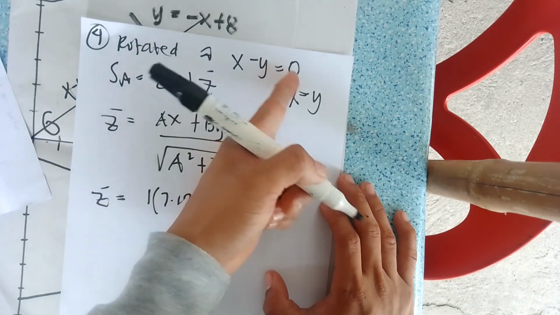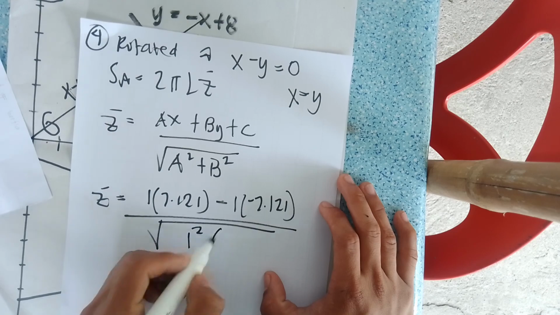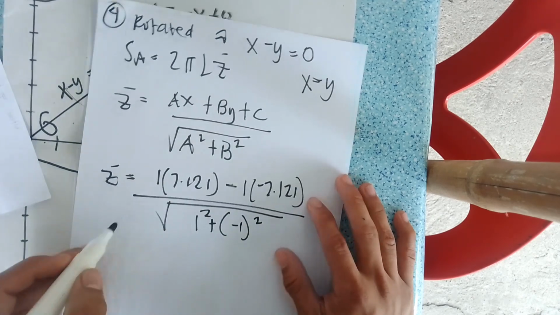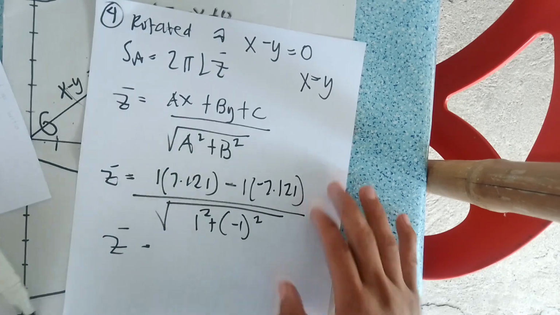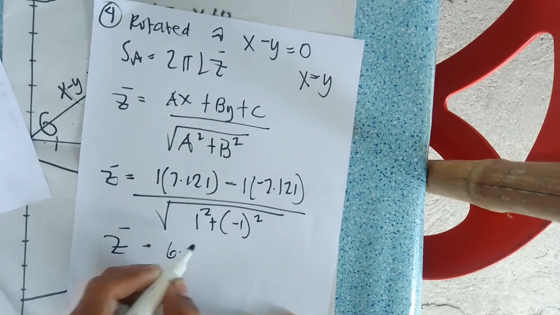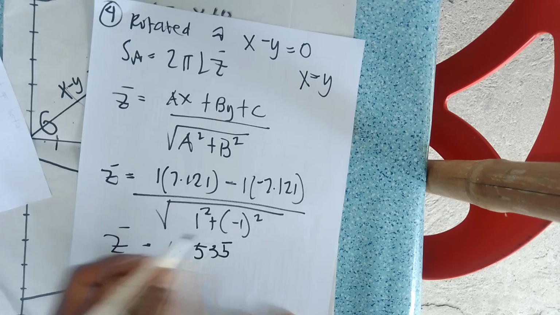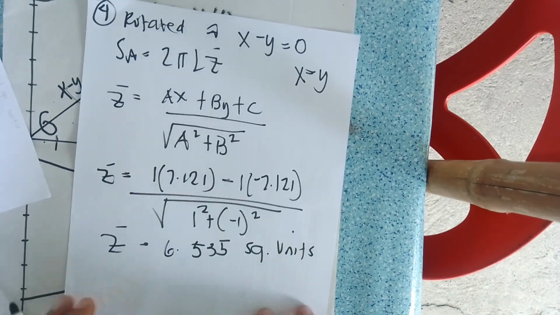Our c here is 0, so we don't have to put it. All over 1 squared plus negative 1 squared. This will become 2. Therefore, our z bar is 6.535. Correct me if I'm wrong, I'm sorry. Just comment down below.